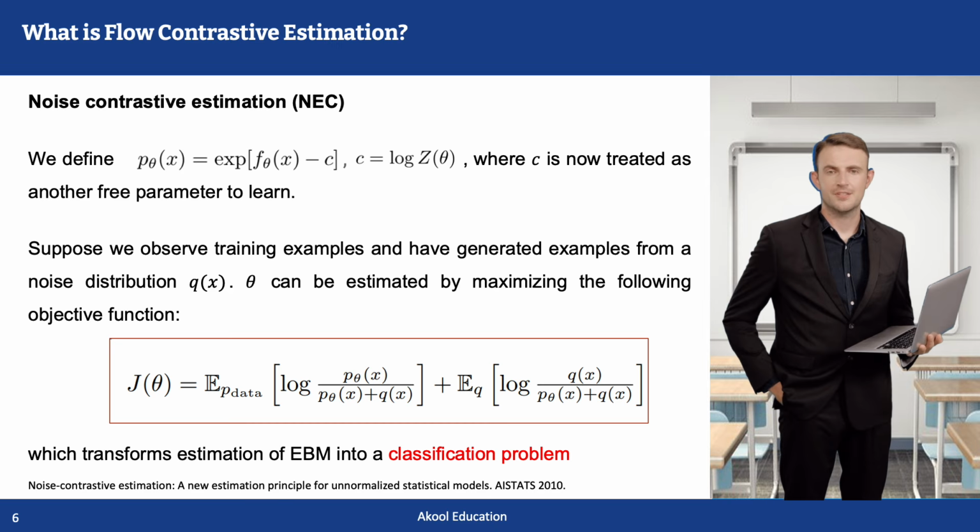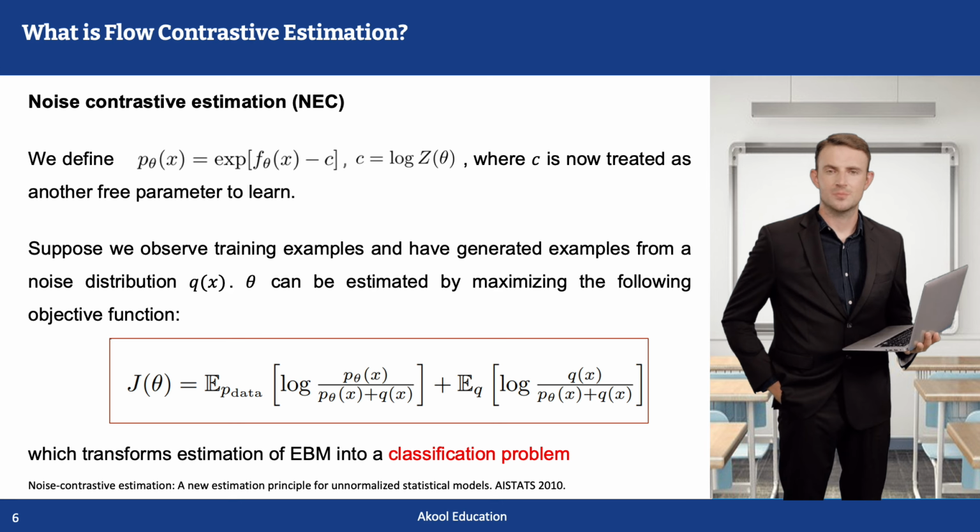Noise contrastive estimation is another method to train an energy-based model without using Markov chain Monte Carlo method. Firstly, instead of explicitly computing the normalizing constant z, NCE treats log z as an additional parameter c to be learned.